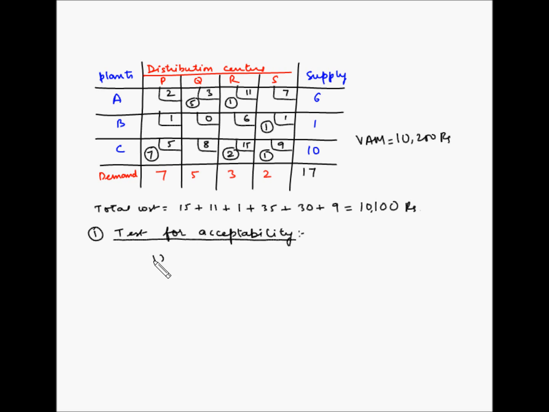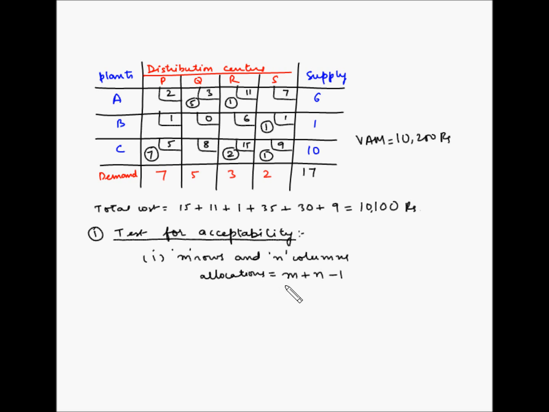So the first test is that if we consider the transportation table to have m rows and n columns, then the number of allocations should be equal to m plus n minus 1.